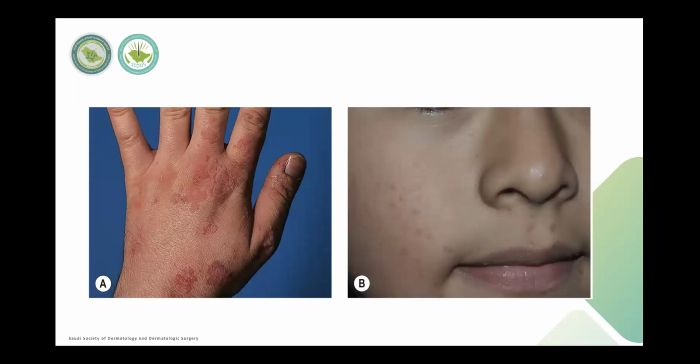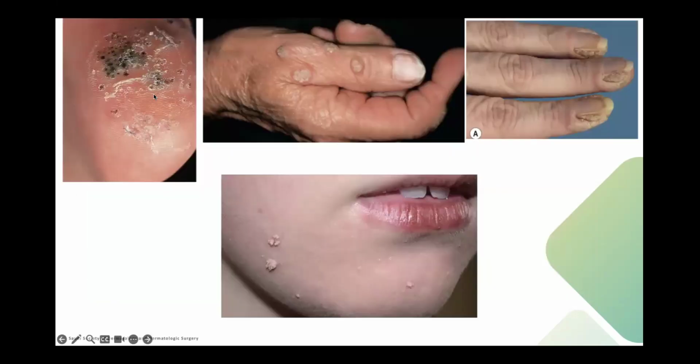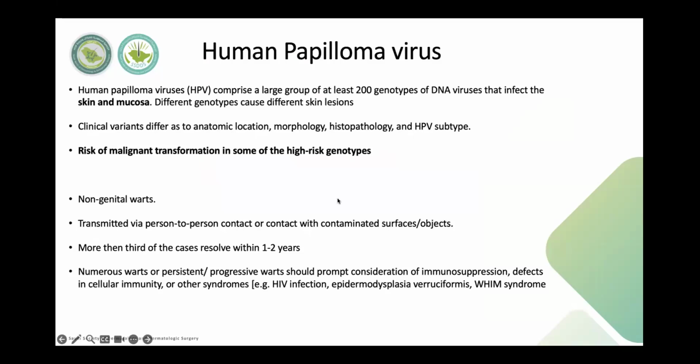Again, in this rash, we can see different morphology: flat skin-colored papules over the face, over the dorsal hand. Here, again, different morphology: subungual hyperkeratotic lesions, black dots, filiform lesions. So this is wart. A very important thing about the wart is that we have a lot of genotypes that cause this virus, which can affect the skin and mucosa.